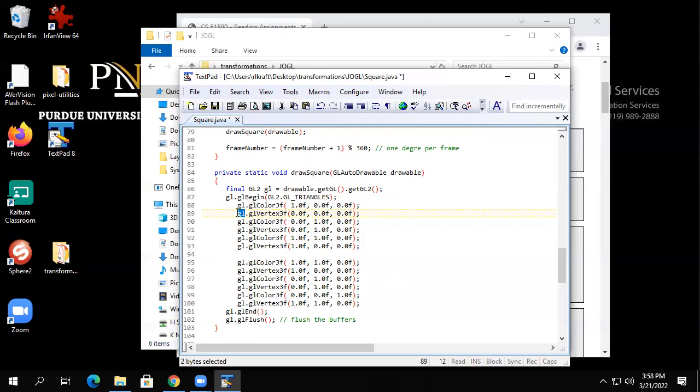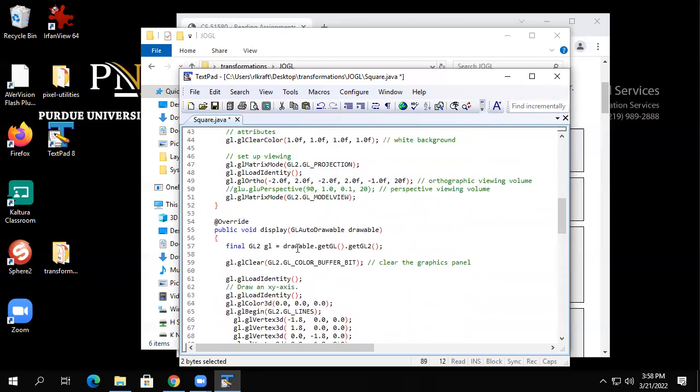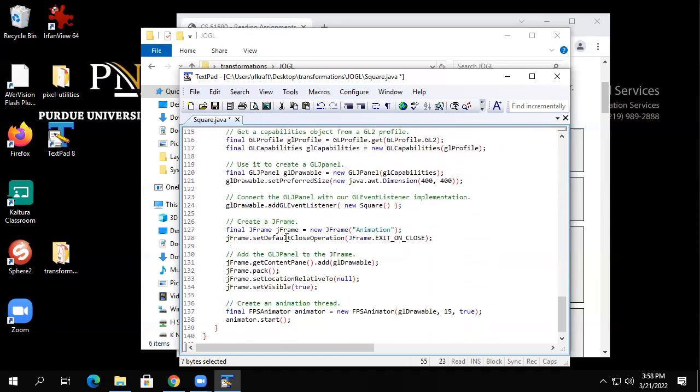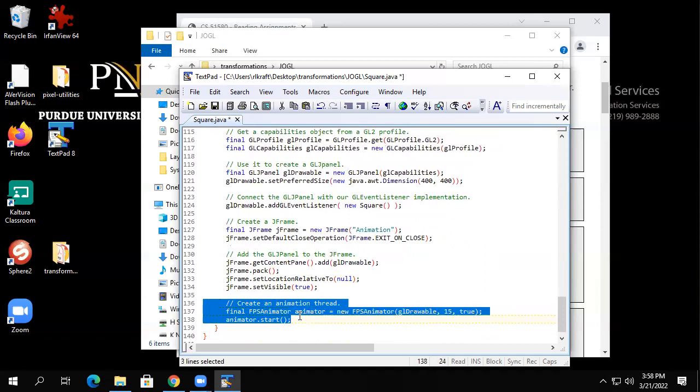Okay. Now this is an animation. This display function, which is like paint component in Java graphics, is called when it's time to repaint the screen. We don't have any buttons or GUI elements to respond to, so we don't have anything that's going to call this. So in the initialization, it creates an animator on that window.